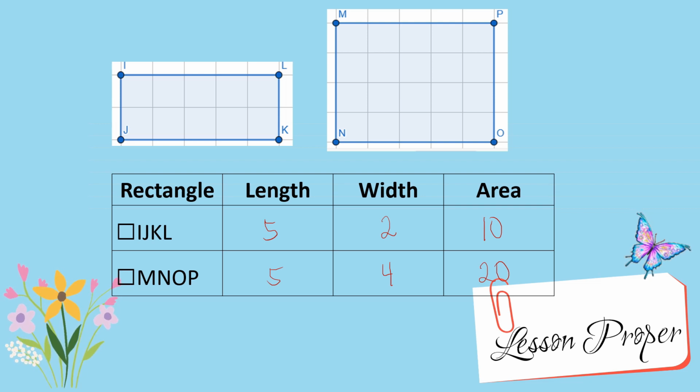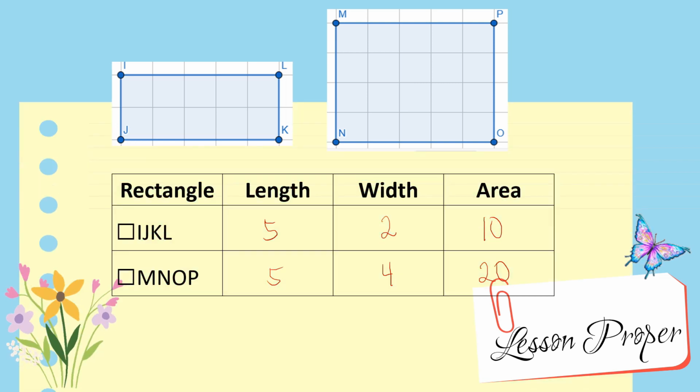As you can see, the length of the rectangle remains unchanged while the width is doubled. So what happens to the area if the width is doubled and the length remains unchanged? You can see that the area is doubled. As you observe, the area of the rectangle varies directly as the product of its length and width.